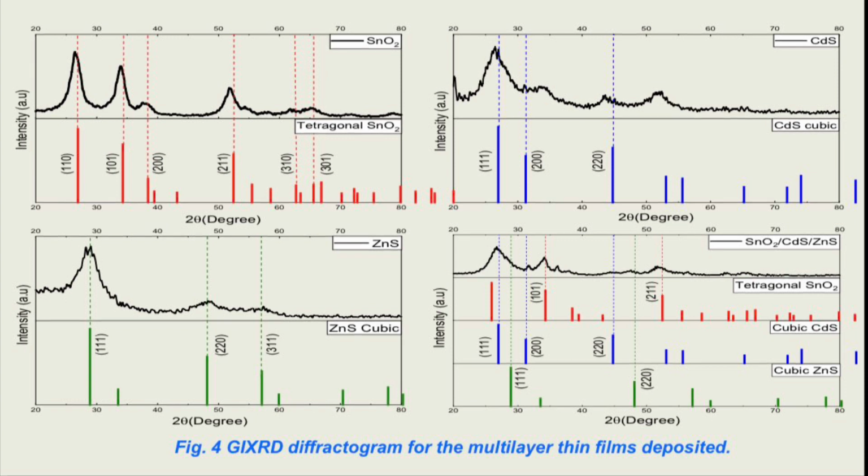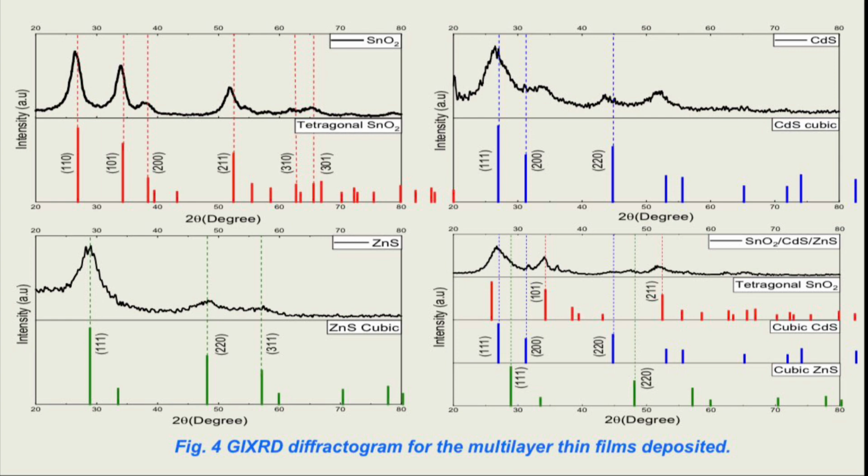So we are sure that the materials are in the thin films. Also, we can see a tetragonal crystal structure for the tin oxide, a cubic phase for the cadmium sulfate and zinc sulfate, and finally, for the multi-layer structure, a polycrystalline nature or behavior.